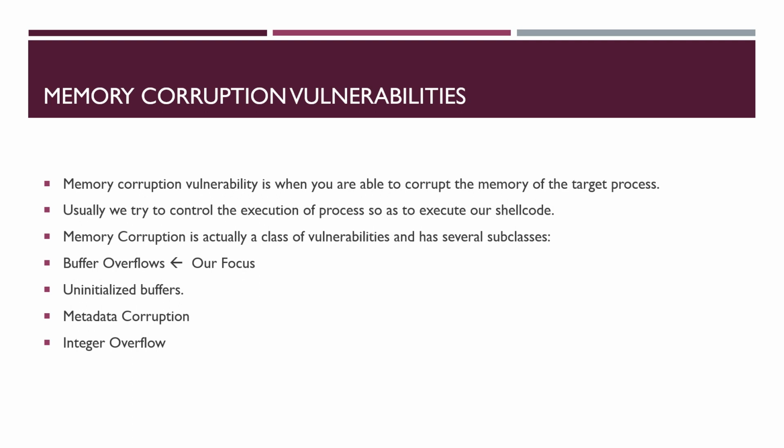Uninitialized buffers are buffers in your function which have not been initialized but are used. For example, you declare an integer variable x, and then you just use x to compare something, take input, or even multiply.